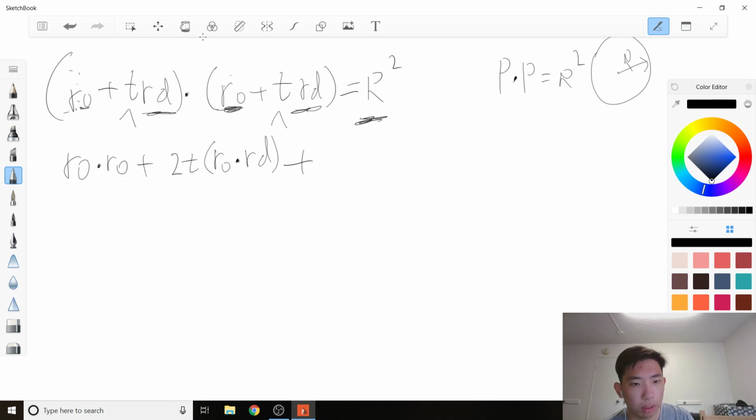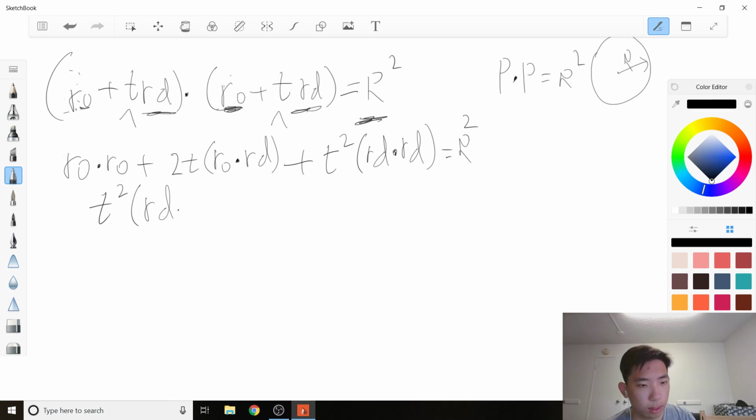And lastly, plus T squared multiplied with ray direction dot with ray direction itself, equals R squared. And yikes, we have a square here. What do you do when the equation has a square? Well, you turn it into a quadratic equation. And if it becomes a quadratic equation, we can just use the quadratic formula, right?